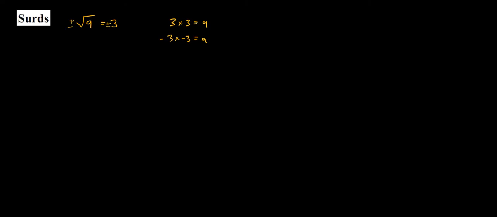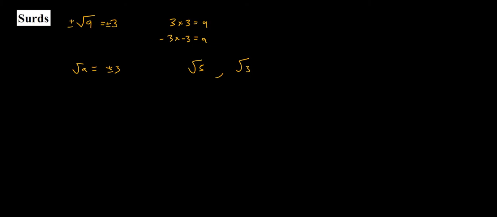So we can insert this. And the root of 9 is not a surd because we can work it out, plus or minus 3. However, the root of 5 is a surd, the root of 3 is a surd, and every square root of a non-square number is a surd.